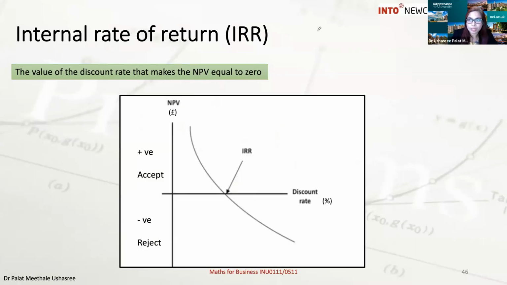You don't want to do that. So that is the internal rate of return, the discount rate at which the NPV is 0.